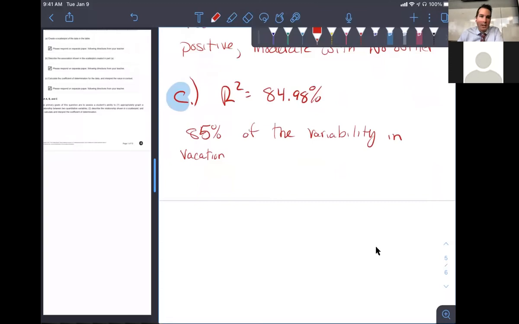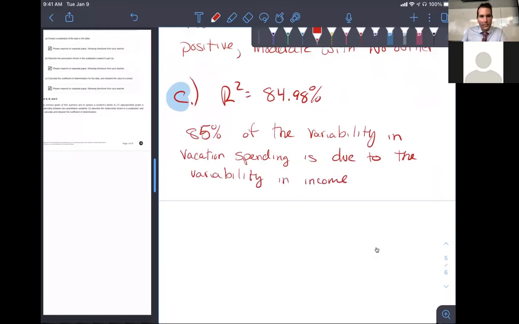It's saying how much of vacation spending can be explained by your income level. So 85% of the variability in vacation spending is due to the variability in income.